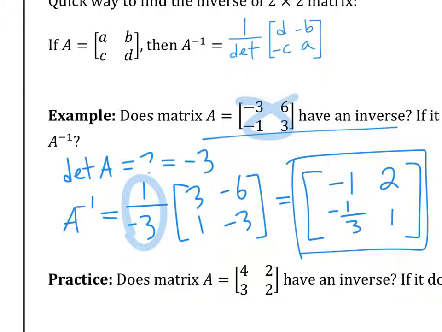Now, how do you check to see if you got the correct inverse matrix? How do you check? Multiply A by the answer. Yes, and what are you trying to get?